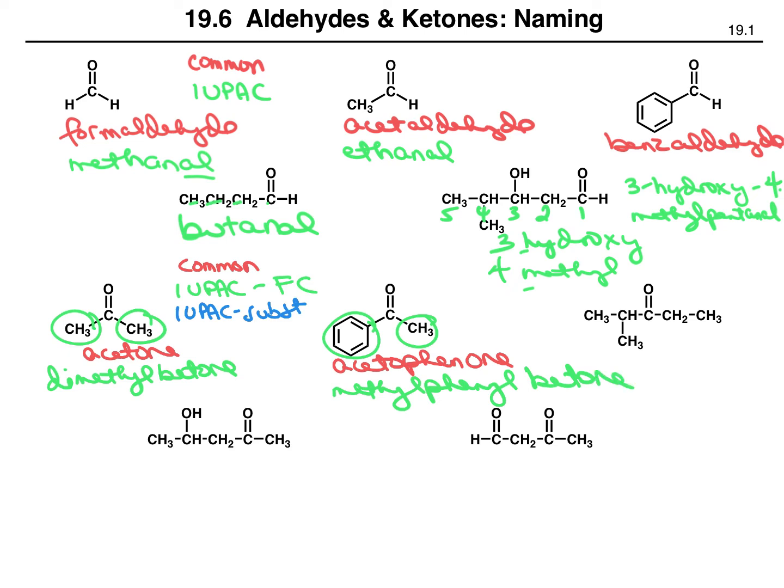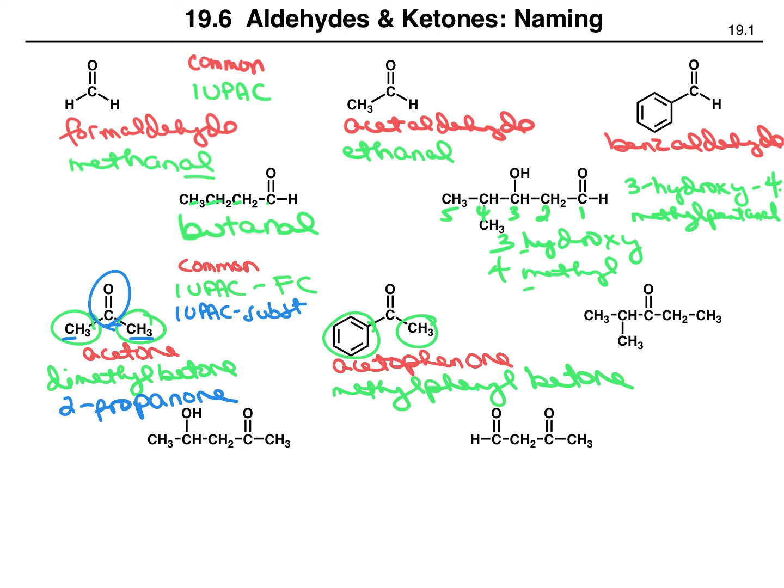And then the substitutive name, this is where we're going to name it as an alkanone. And so we have 1, 2, 3 carbons total. Our carbonyl is at carbon 2, so the substitutive name is 2-propanone. This is the most general type of naming, and so we can always use this one even when it gets to very large compounds.